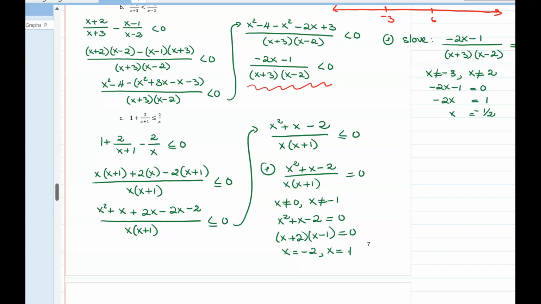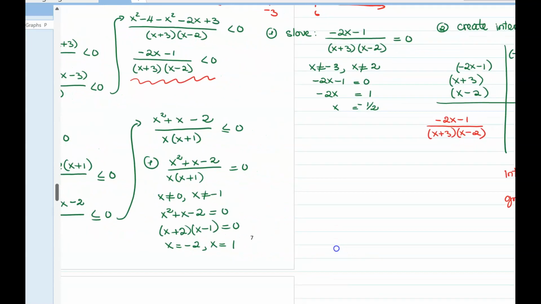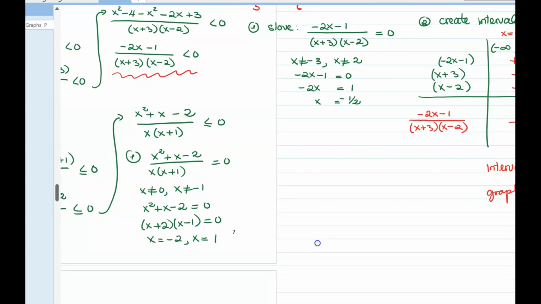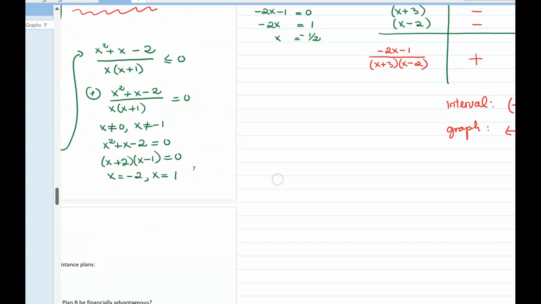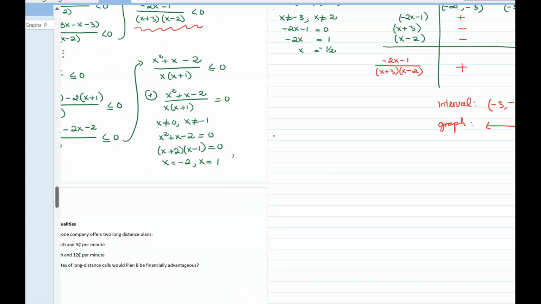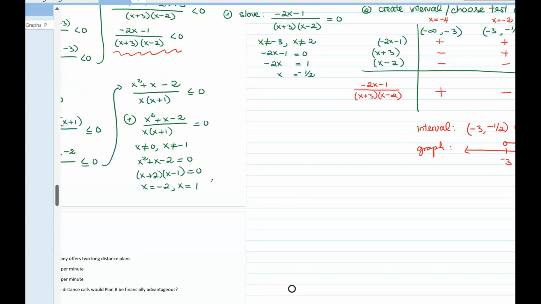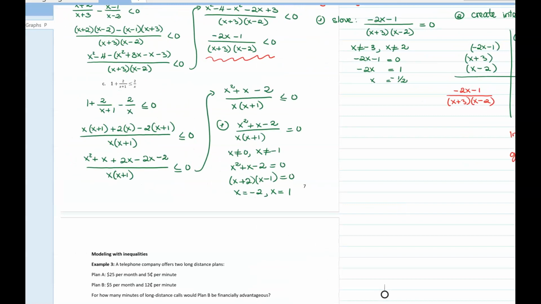So let's go ahead and make our intervals and choose the test values. And the equation we want to look at is this equation, and the resulting expression is this one, that we want to be less than or equal to 0.